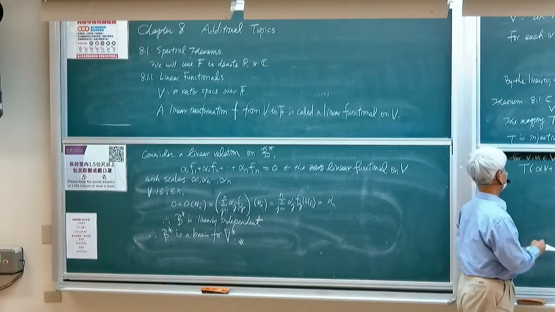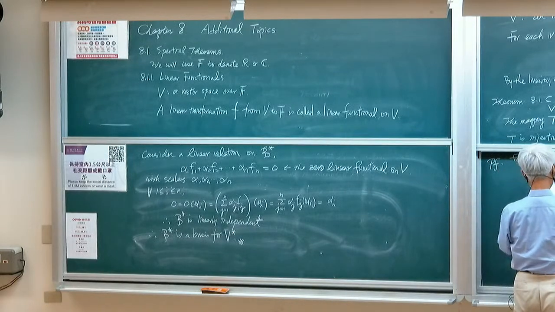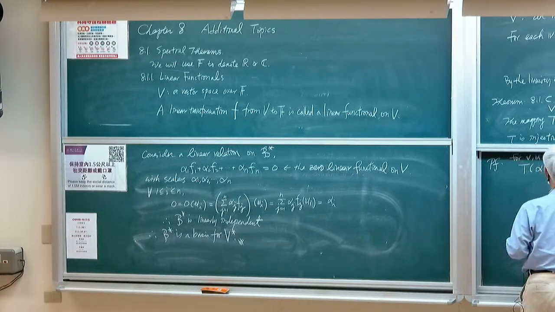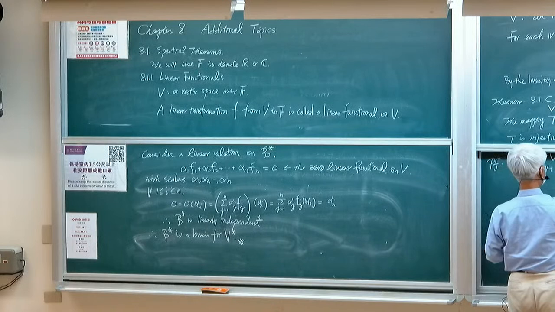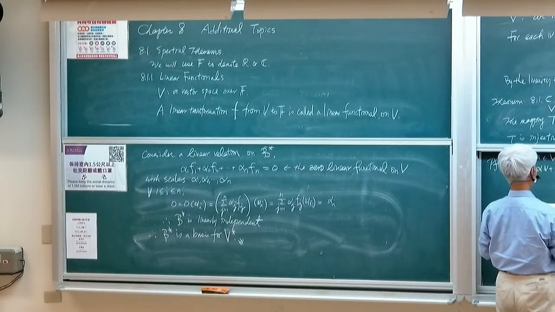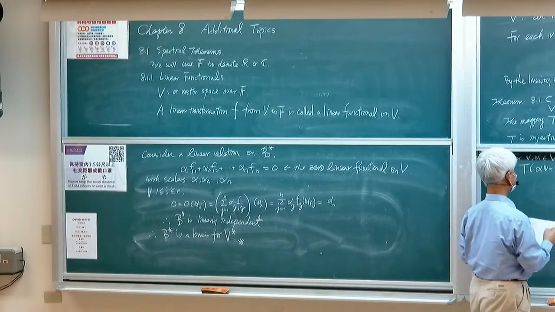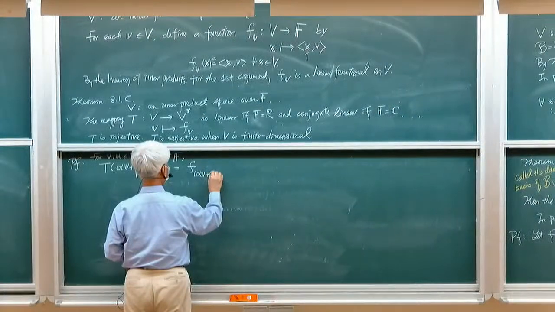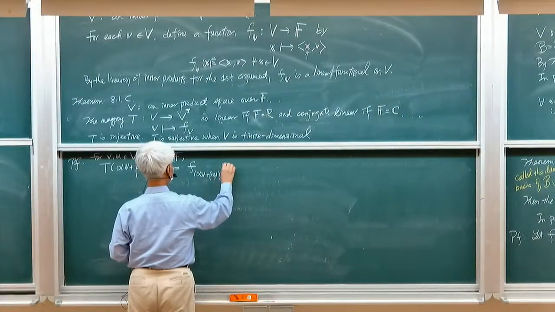This operates on all vectors x, and this is f of (alpha v plus beta u) on x.